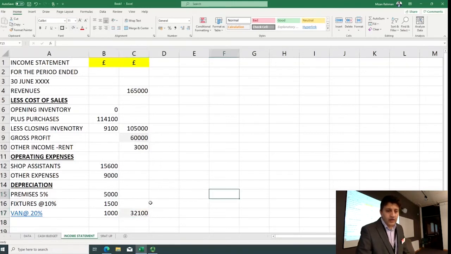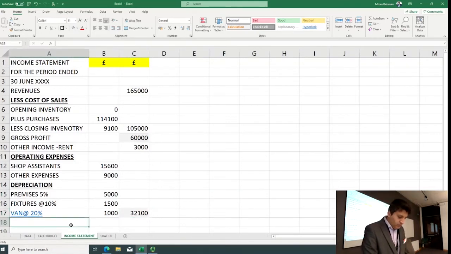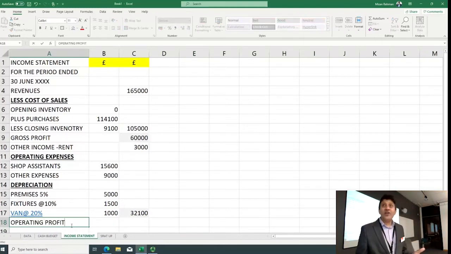All of my operating expenses I have incorporated, and this will give me an operating profit figure, which is used for ROCE, if you remember.